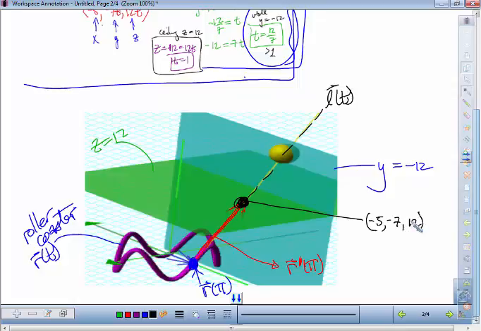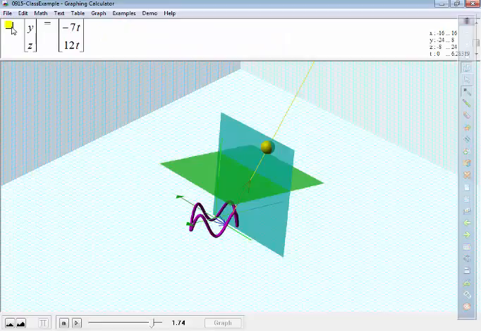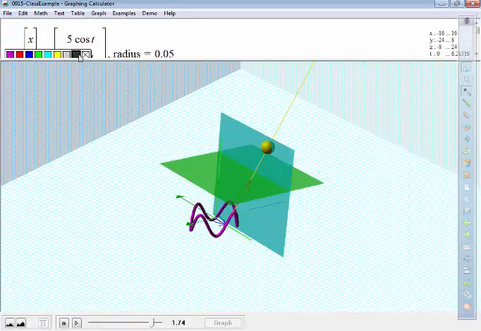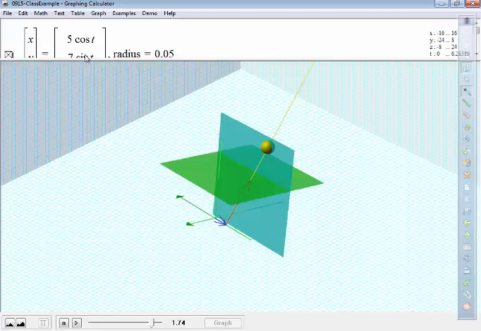So if you want to look at it there, download it, view it from the different options, hide certain aspects, like if I want to hide that roller coaster, I can. It's really simple to use, this program. All right.